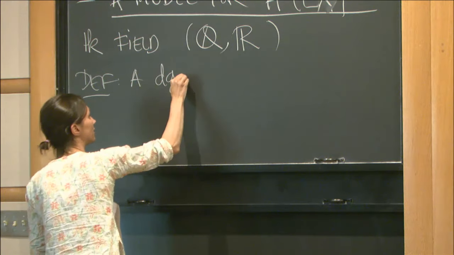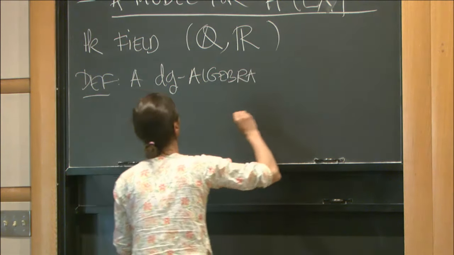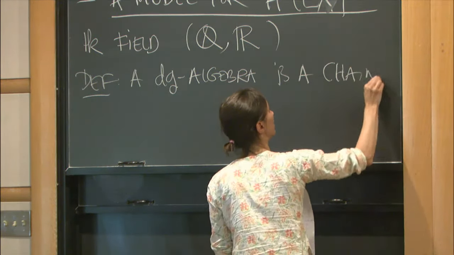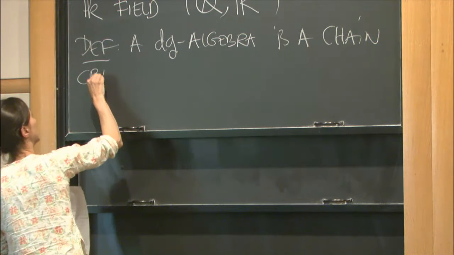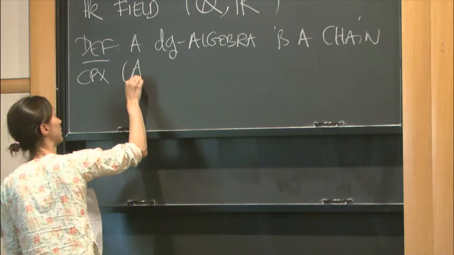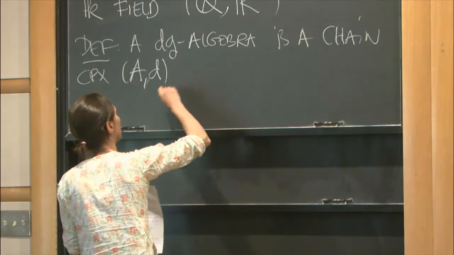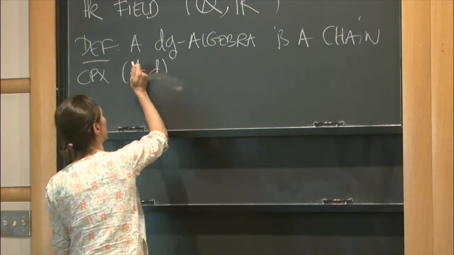A differential graded algebra, DG algebra, is a chain complex A with a differential. Should I say this more clearly?